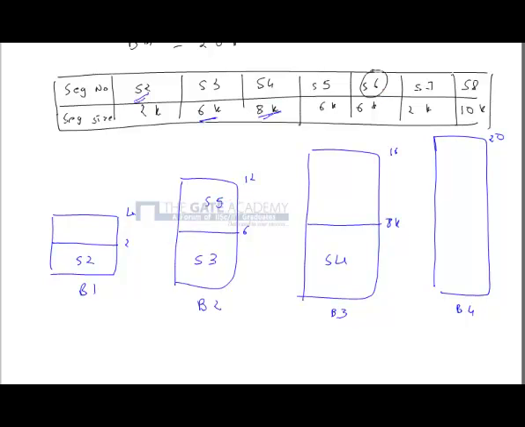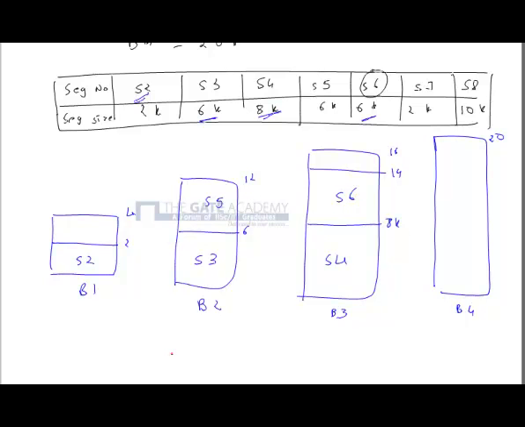Now next is S6, it requires 6K again, so as B3 has 10K memory left, and B4 has 20K memory left, it will be assigned to B3 only. So S6 will be allocated here.